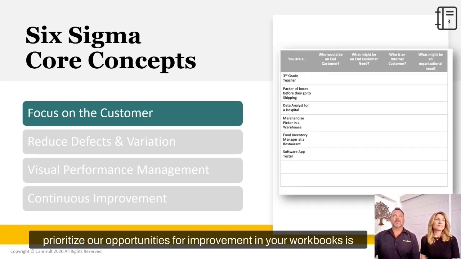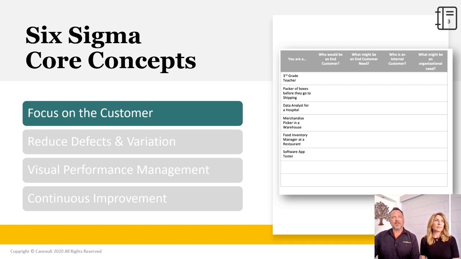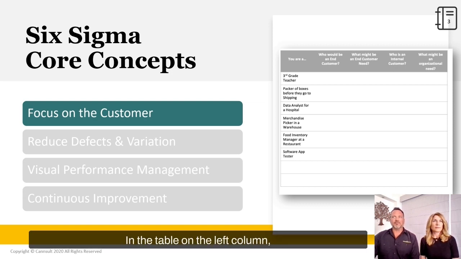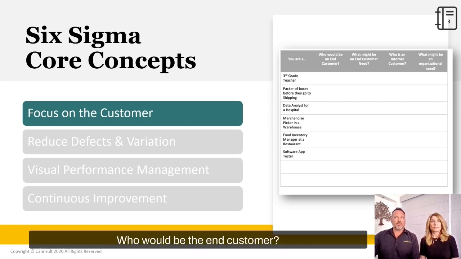In your workbooks is a table that walks you through some questions to get you thinking about customers and their requirements. In the table on the left column, there are different jobs and roles. Consider these roles and think through the questions. For example, in the first row, you are a third grade teacher. Who would be the end customer?